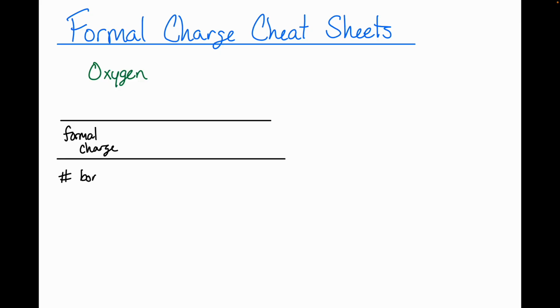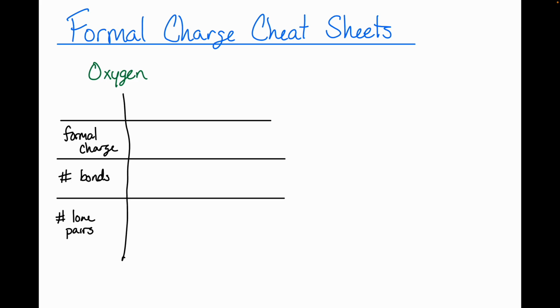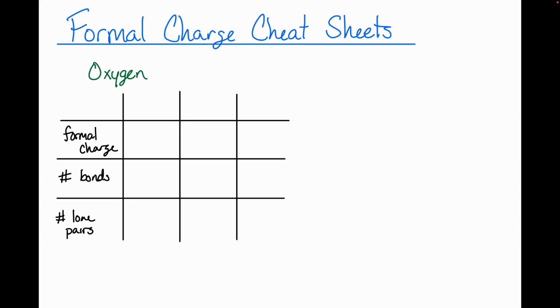Formal charge, number of bonds, and number of lone pairs. All right, and we will see oxygen in one of 3 different charge states. Won't ever really encounter it, at least not in organic chemistry, outside of this pattern here.